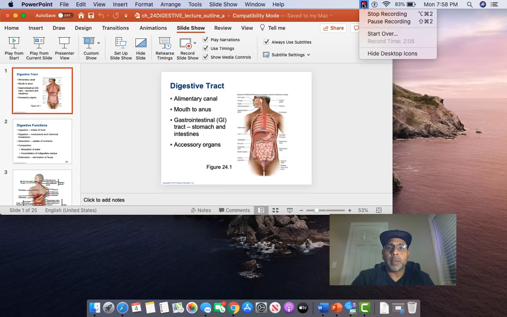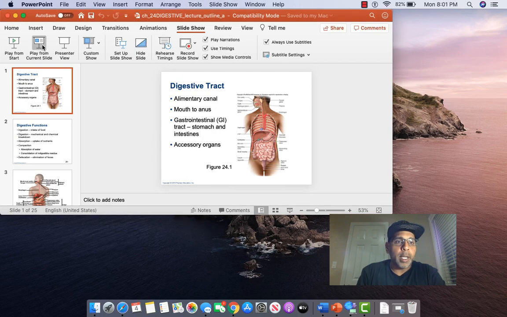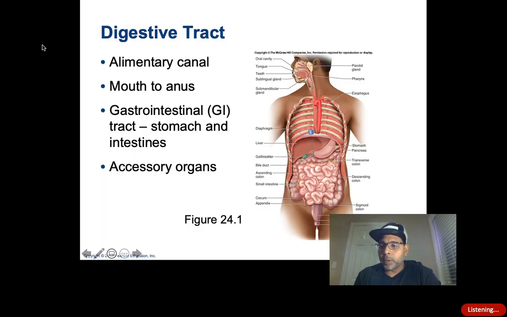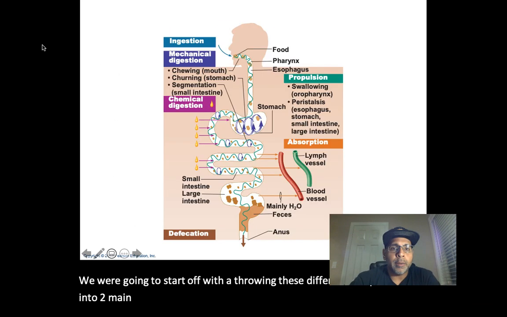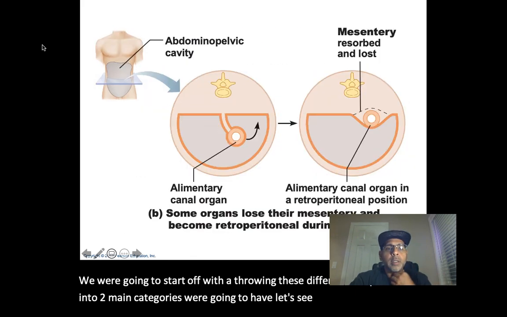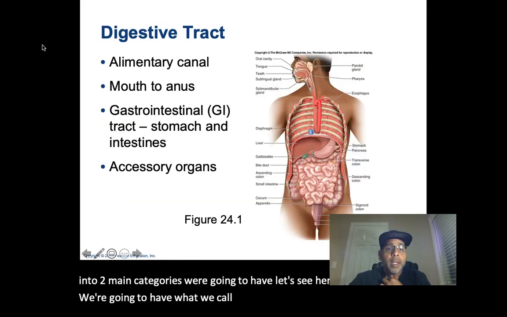We're going to start off by throwing these different components into two main categories. We're going to have what we call our alimentary canal, and then we will have what we call our accessory organs.